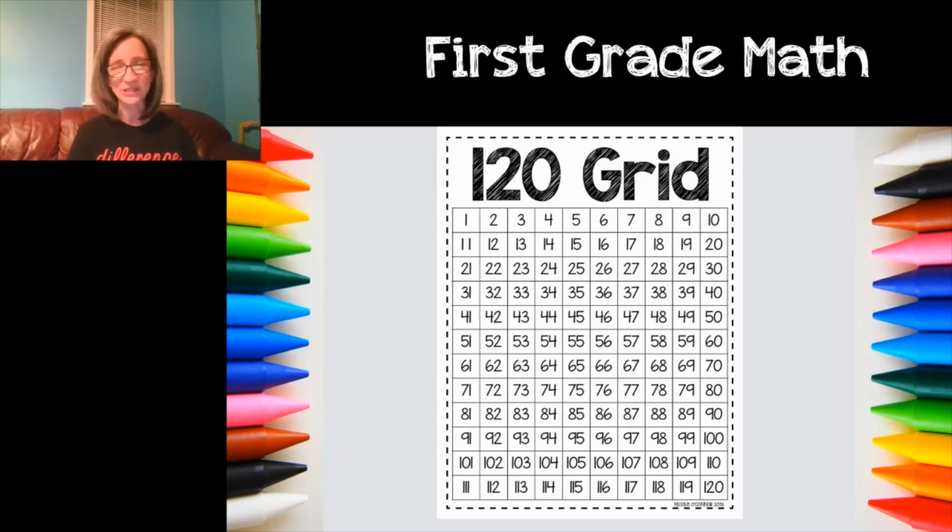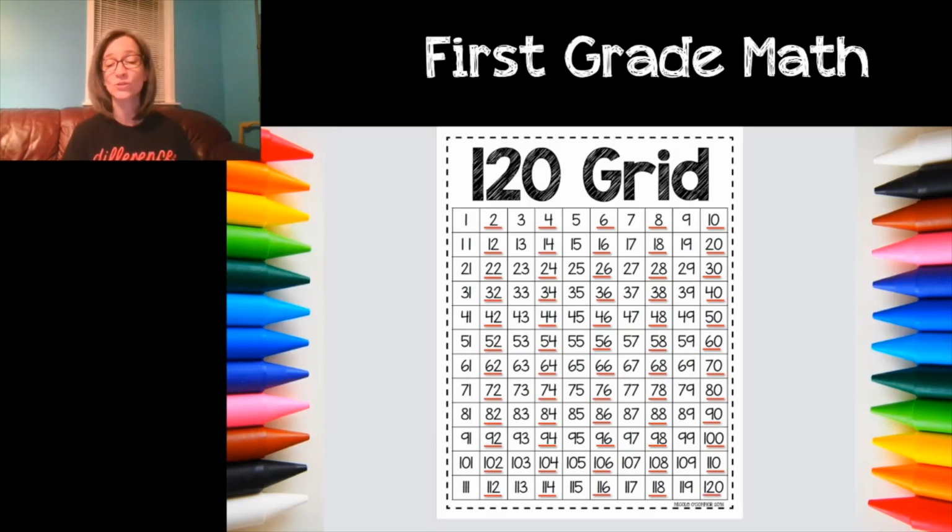We're going to start at the number 2. 2, 4, 6, 8, 10, 12, 14, 16, 18, 20, 22, 24, 26, 28, 30, 32, 34, 36, 38, 40, 42, 44, 46, 48, 50, 52, 54, 56, 58, 60, 62, 64, 66, 68, 70, 72, 74, 76, 78, 80, 82, 84, 86, 88, 90, 92, 94, 96, 98, 100, 102, 104, 106, 108, 110, 112, 114, 116, 118, 120.